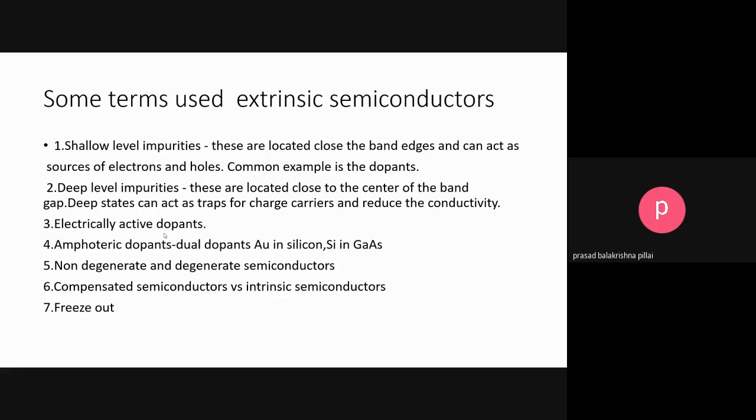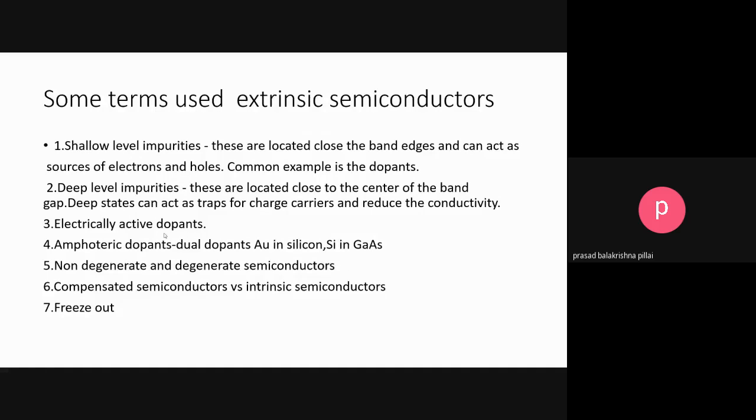Actually, electrically active dopants means the dopants which give carriers. They give additional carriers, whether electrons or holes. So shallow level impurities, or donors or acceptors, are known as electrically active dopants. They are expected to give. If you are adding N phosphorus atoms, we are expected to get N additional electrons.